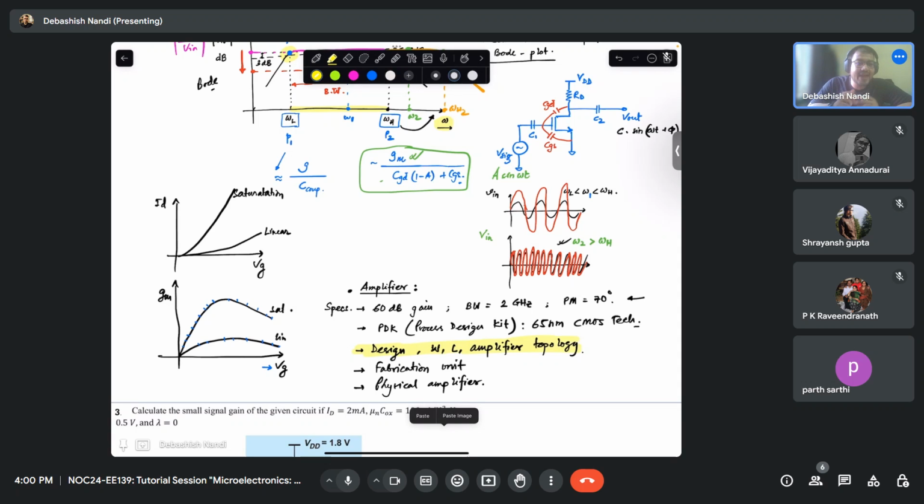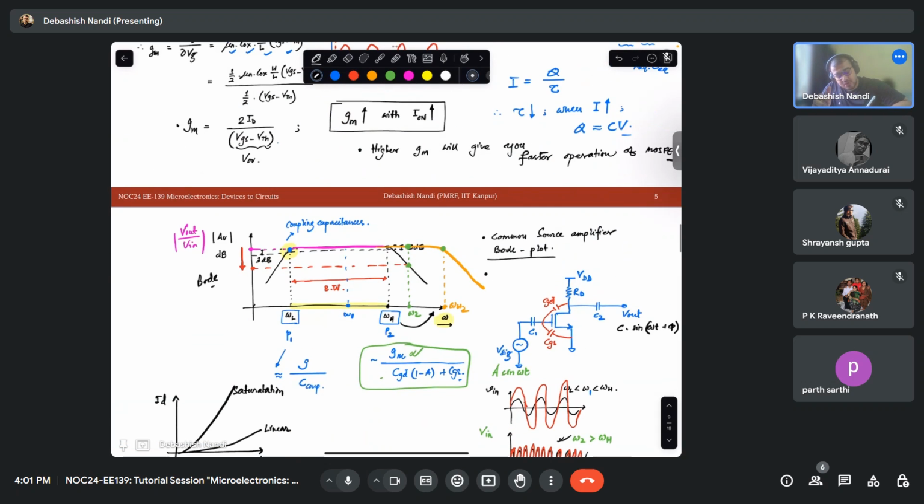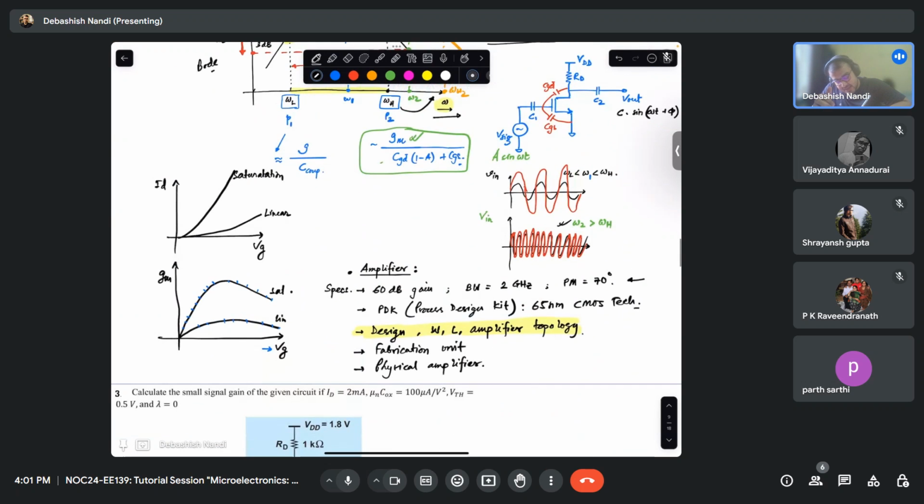Okay, at this stage you will need to understand this problem, right, that you need a larger GM to push your pole to a higher frequency. So that you will play during this phase in your future endeavors.